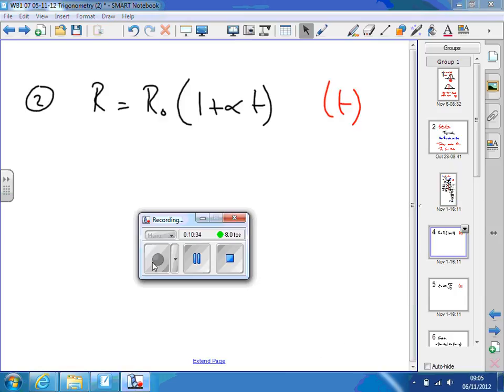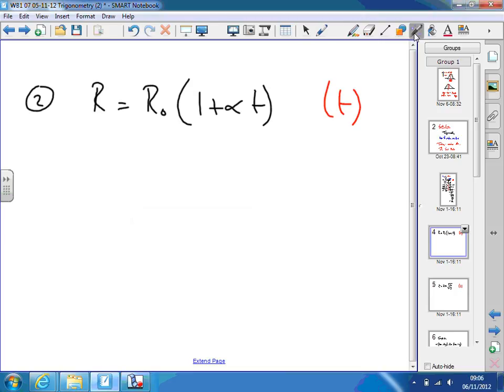So question number 2. Resistance R equals R0. This is a very common sort of abbreviation to use. You may have come across it already. A little subscript here to represent a resistance at temperature 0 or time 0, something like that. This is probably temperature, because this formula looks like something to do with finding the resistance of a material as the temperature changes.